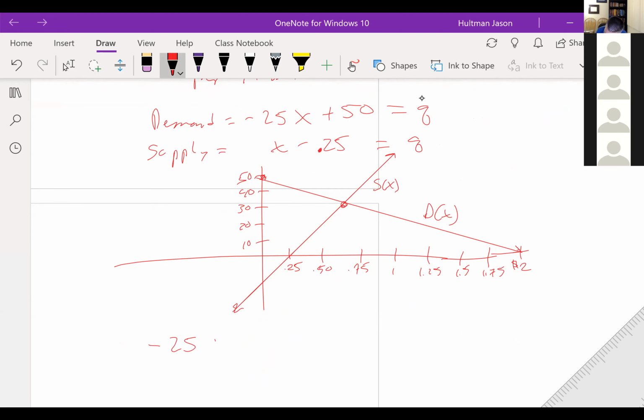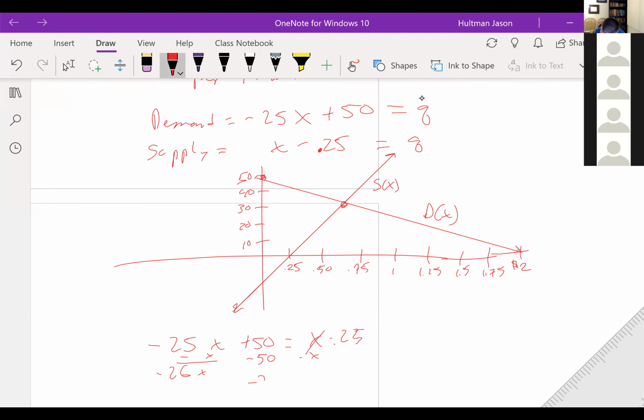We've got negative 25x plus 50 is equal to x minus 0.25. Sorry, minus x. This is going to be negative 26x, so minus an x, and then we're going to minus a 50.